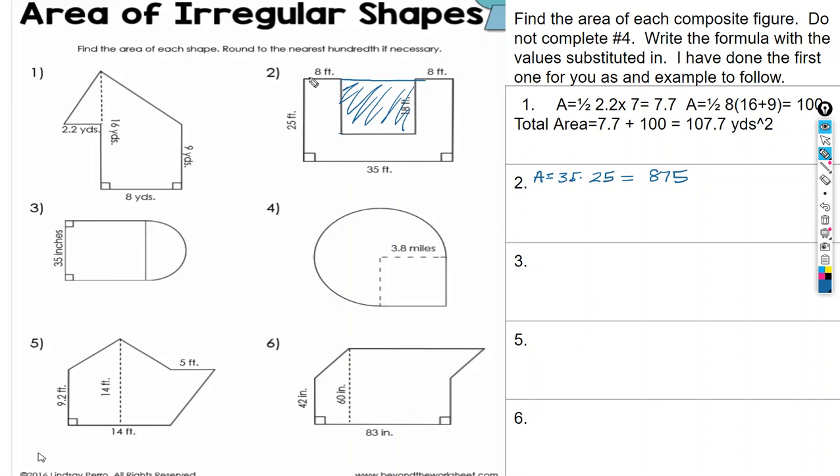Well, if the whole length right here is 35, I need to get rid of part of it. So I need to get rid of 8 on this side and 8 on this side. Well, 8 plus 8 is 16, so 25 minus 16 gives me 19.